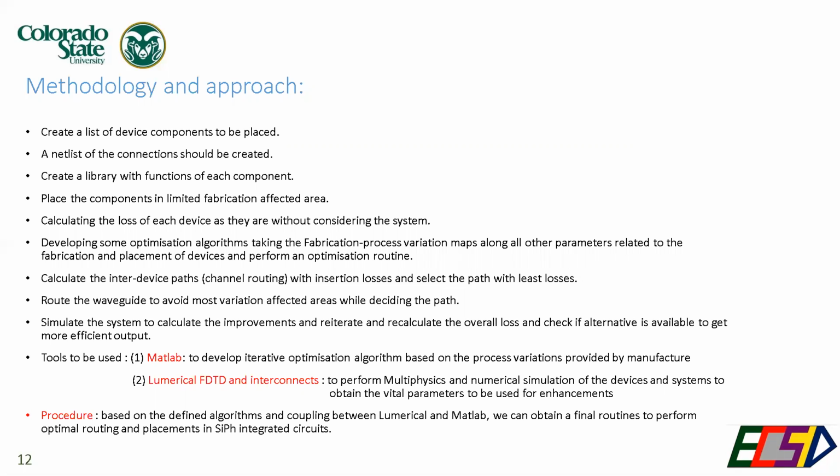We also have to calculate the inter-device path insertion loss and select the path with the least losses, and route the waveguide to avoid the most variation-affected areas while deciding the path. Then we perform the simulations, look at the results, and if needed, we do the procedure all over again.